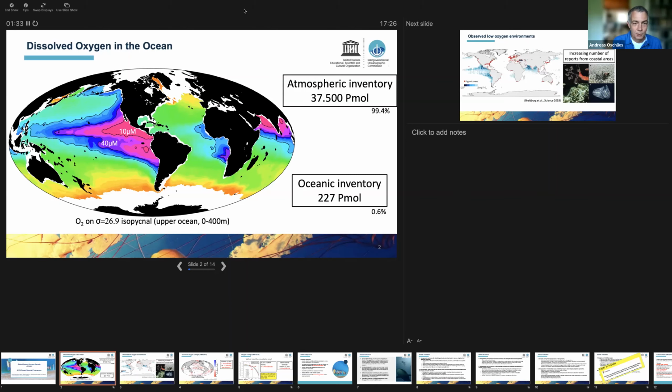So we really would not feel deoxygenation in our daily life, as long as we don't eat seafood and we live very close to the coast sometimes. But it's not really a problem for breathing air for us, or for any land or terrestrial species. Nevertheless, we do care, and we should care about ocean oxygen.